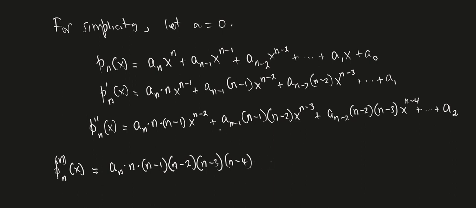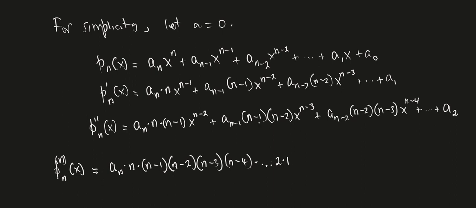And then you will have, after differentiating n times, think about what's going to happen to that power. You're going to be left with just a constant. Because what will happen is you'll have just an x to the first power, and then when you differentiate it again, you're going to be left with just a 1. So that 1 will come down, so I'll do this, times dot, dot, dot, times a 2, times a 1. Right? So this is what happens to the first term.